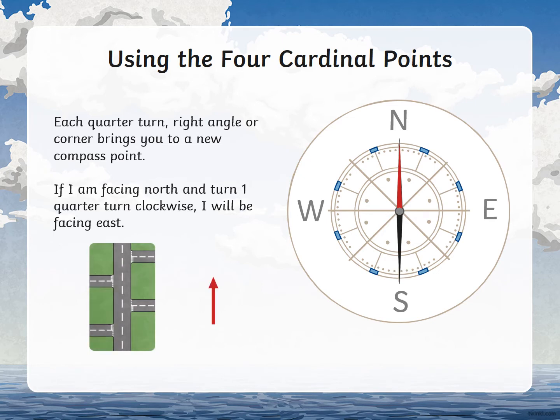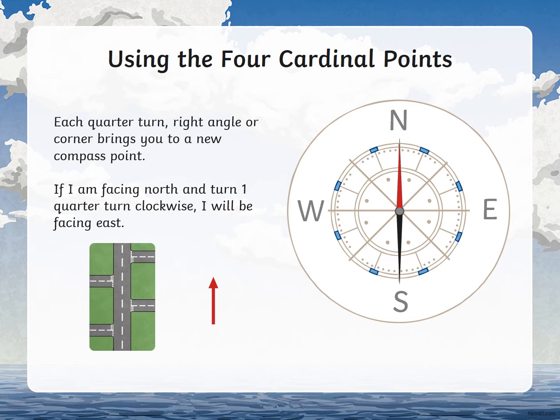So let's try it then. If you were facing north, and you might even want to stand up and face north to make it easier, and if you were to turn 1 quarter turn clockwise, you would be facing east. Now you've got to be careful here, because when you turn, you can either turn to your right clockwise or to your left anti-clockwise.